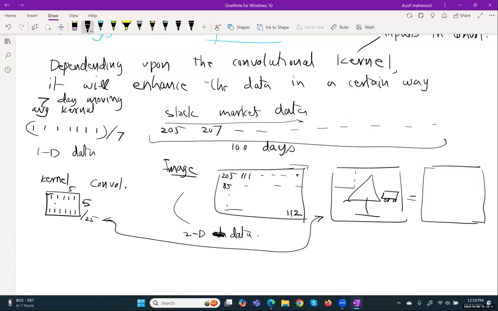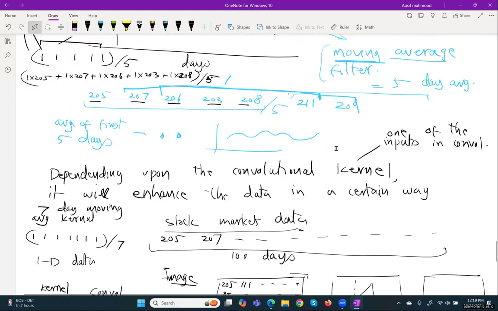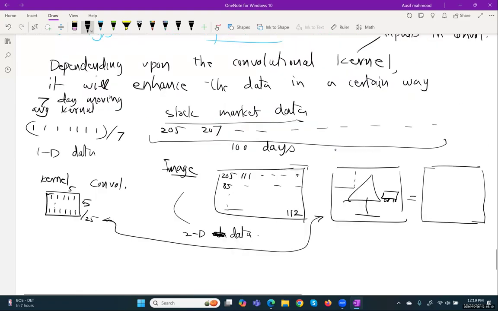Let me take you back to the stock market example. If you plot the original data, like I was saying, the original data will be fluctuating every day.